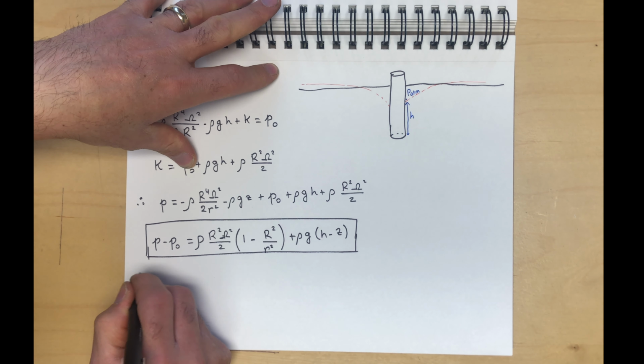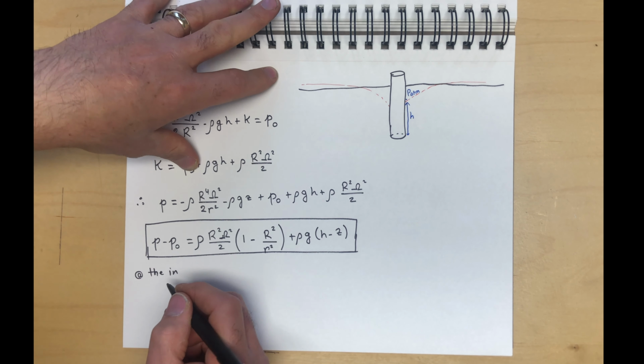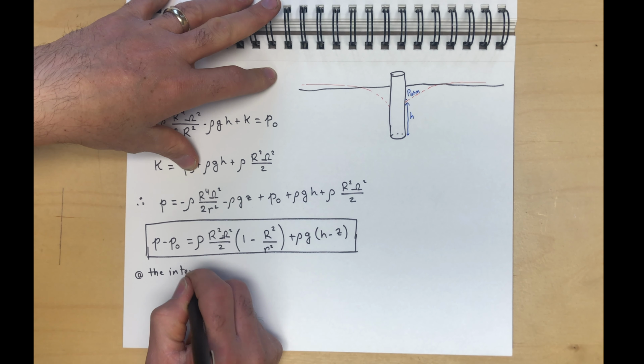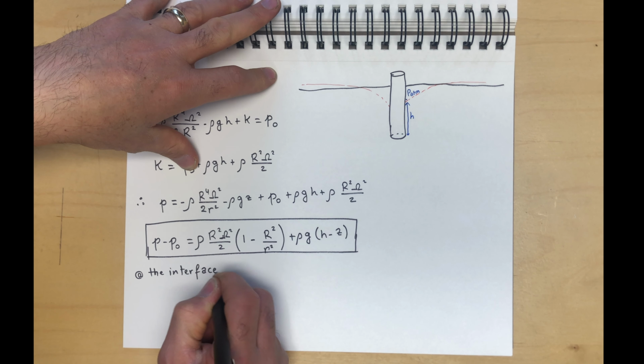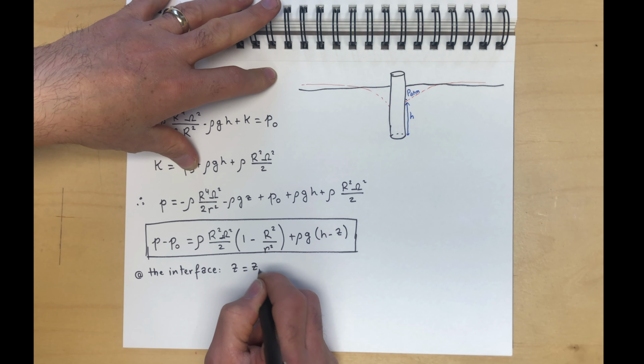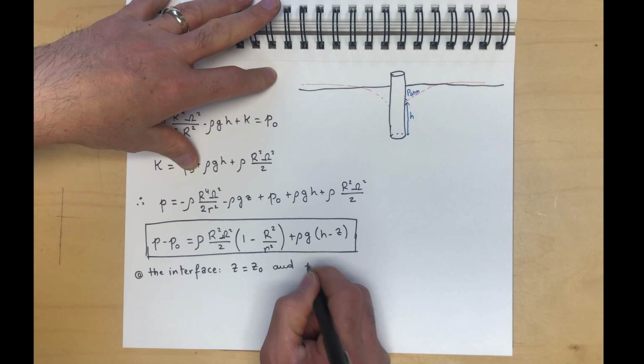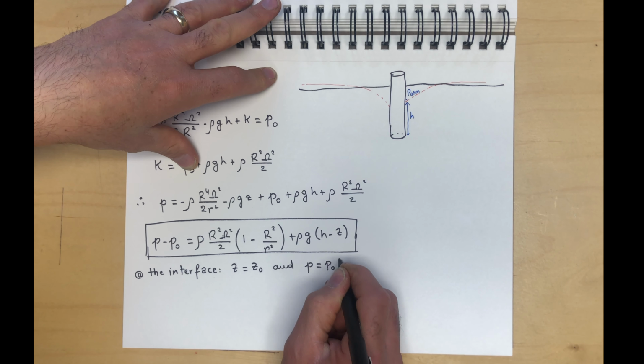Now at the interface, z is equal to z0, and p is equal to p0.